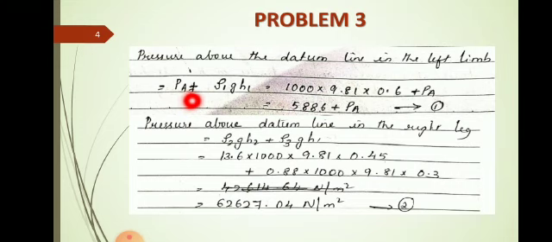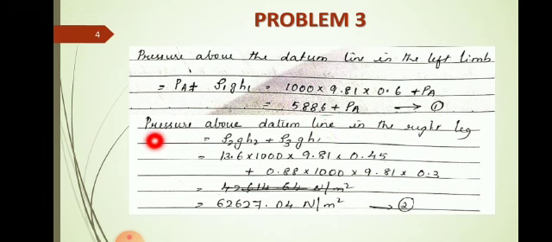So the pressure above the datum line in the left limb is PA plus rho 1 g h1, which is equal to 5886 plus PA. Leave this PA as such because it is an unknown. Let us call this equation number 1.